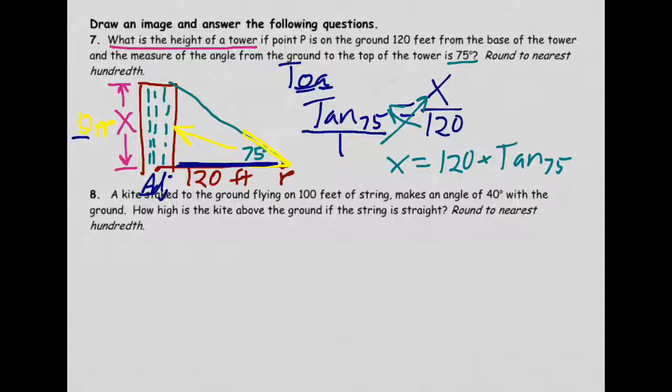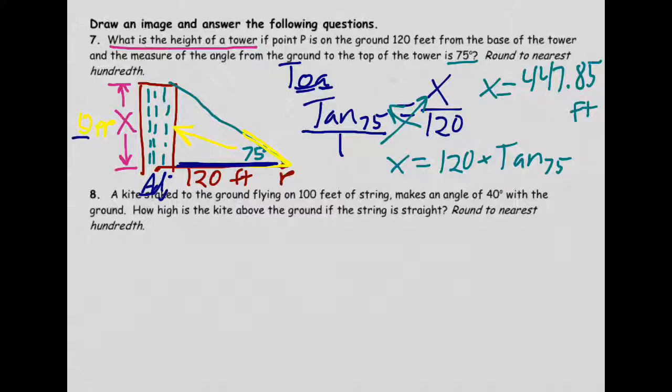And go ahead and enter that into your calculator, and pause the video while you enter that in and get a number. Okay, so the number you should have gotten is x equals 447.8, and let's round up to 5 feet.